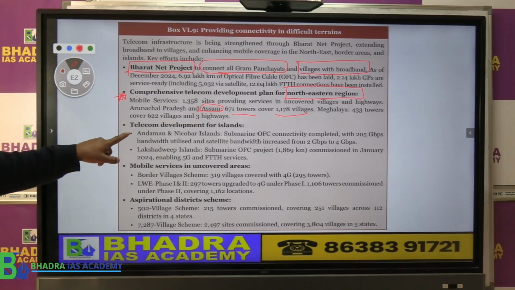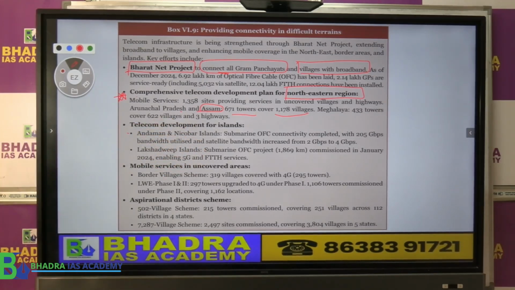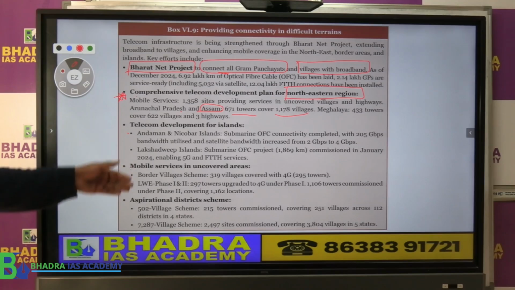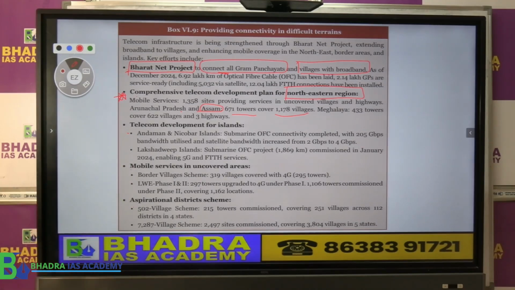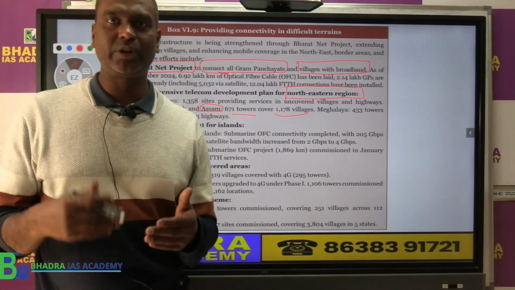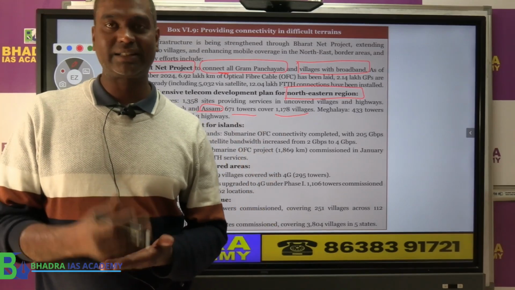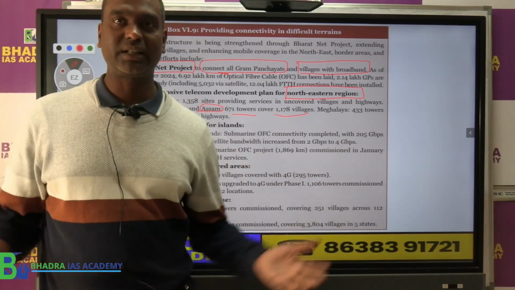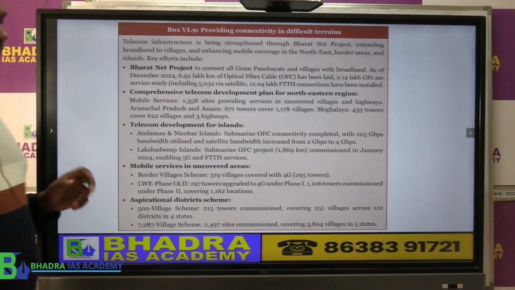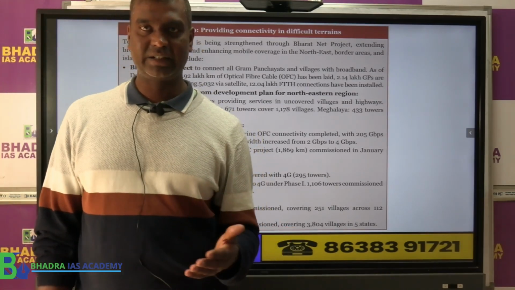Then islands, that is the Andaman and Nicobar Islands, they are also providing connectivity. Then mobile services wherever towers are not there, they are trying to connect, also the aspirational districts. Basically, the government is trying to improve connectivity, telecom, internet, etc. throughout the country. That is what they are trying to highlight. So the telecom sector is another area which has been highlighted.